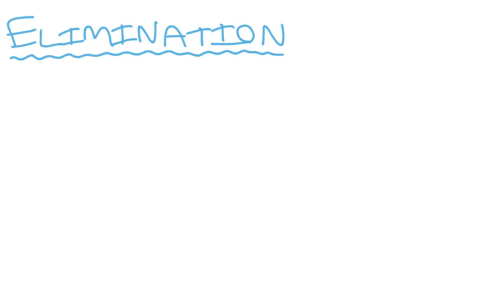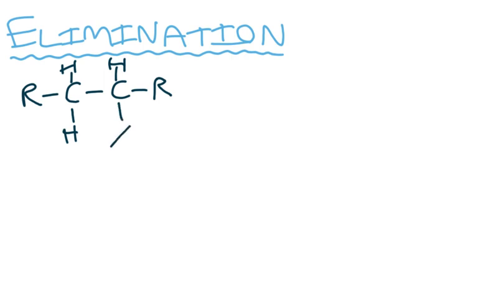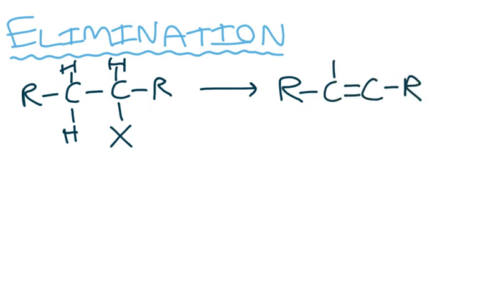So the basic idea of elimination is you have two carbons connected by a single bond, and they might have some hydrogens around them or something else, and you have some leaving group, which I'm going to say is X. And this is, by some mechanism, going to turn into this double bonded thing, and release this side product of HX.